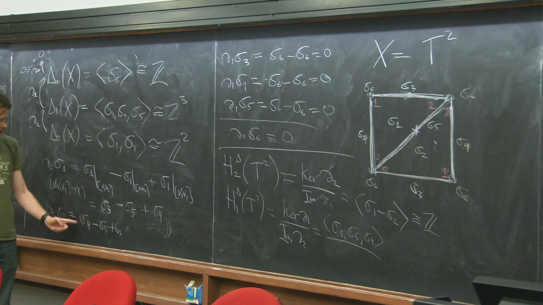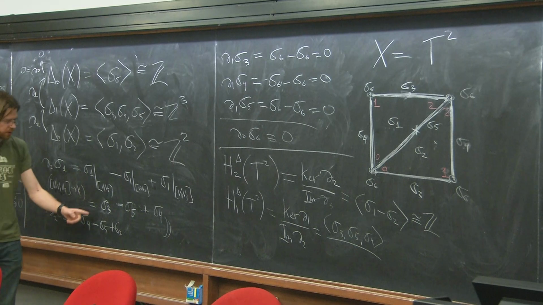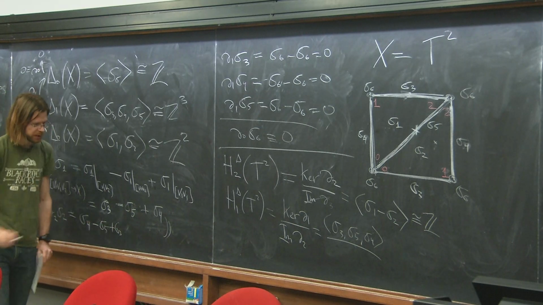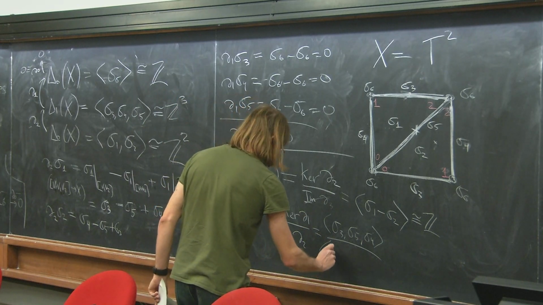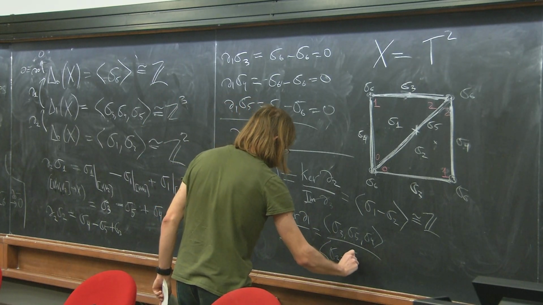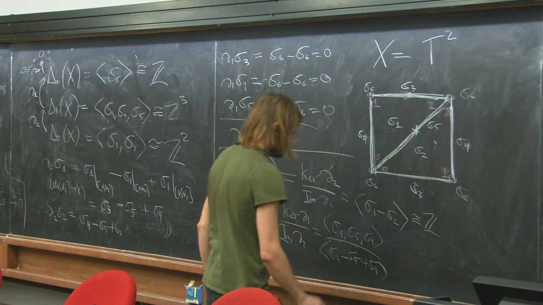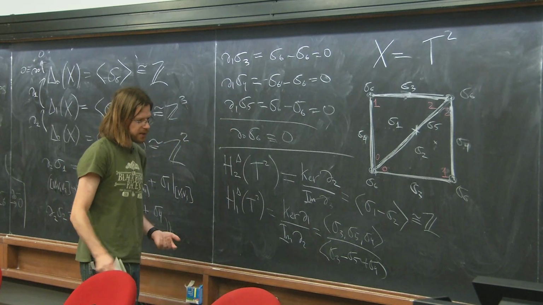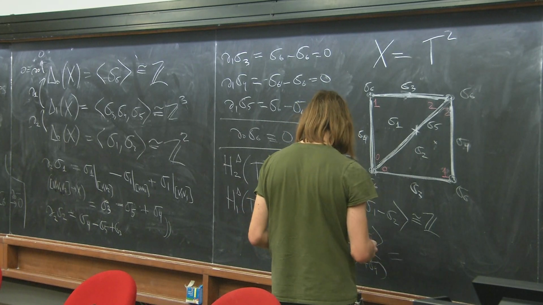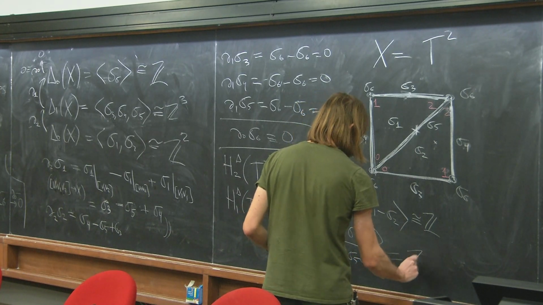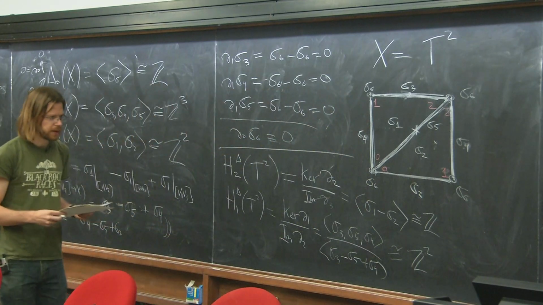It's the same in the image of D2 of sigma 1 and D2 of sigma 2. So the image is generated by this particular combination, sigma 3 minus sigma 5 plus sigma 4. So there are essentially 3 generators and 1 relation. So this is the result, Z^2.